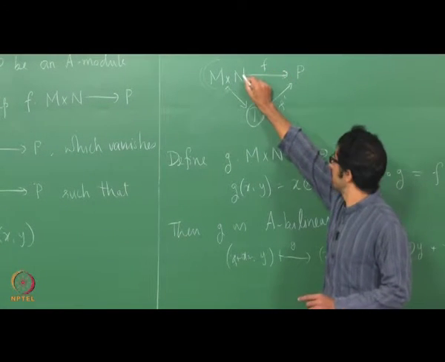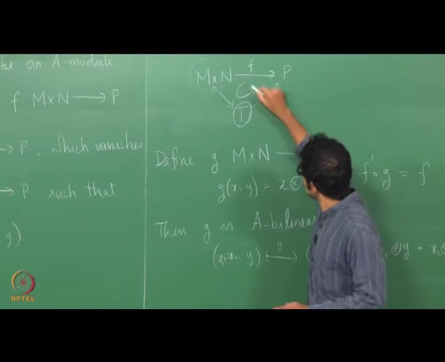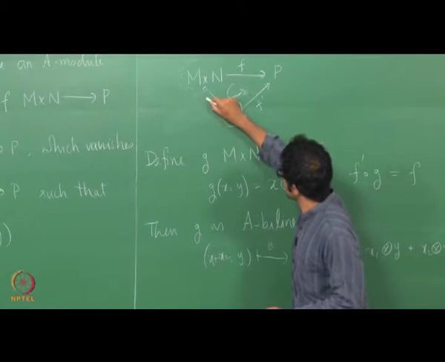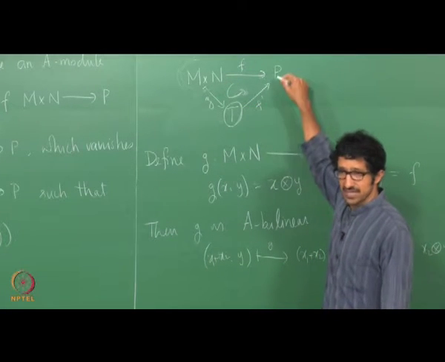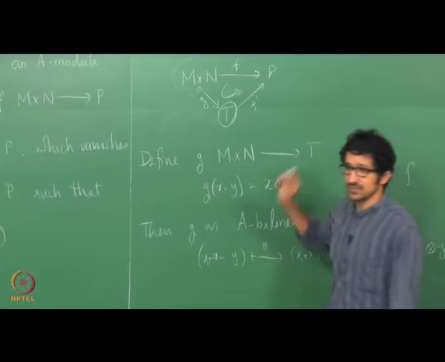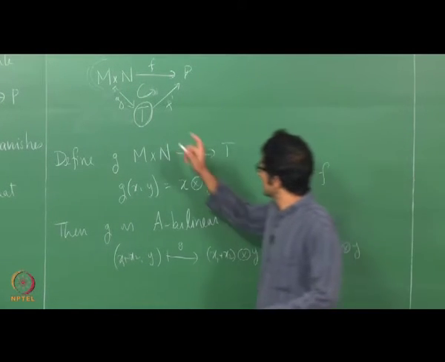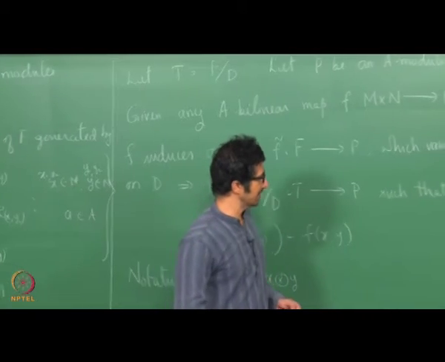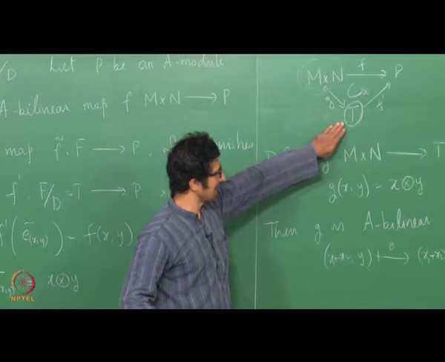Given any bilinear map F from here to here, there exists a map from this to this, so this is already there, such that this diagram is commutative. You start from here, go via this, or this, it is the same. Okay. Now what we are interested in is whether we can have several.